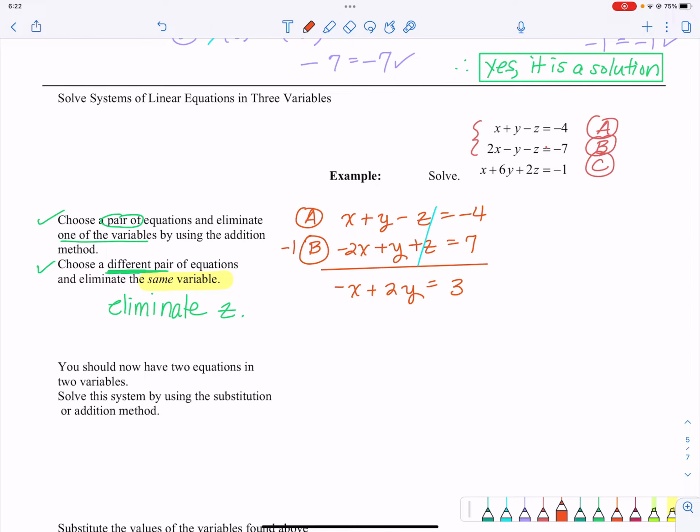Now we're going to hang on to this because now we're going to eliminate Z from B and C. How are we going to eliminate Z? We're going to have to multiply equation B by 2.